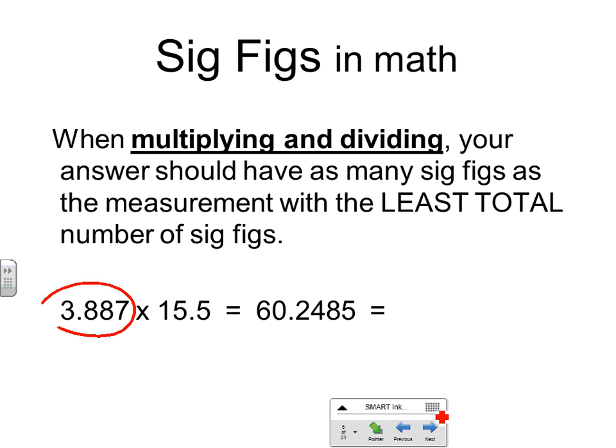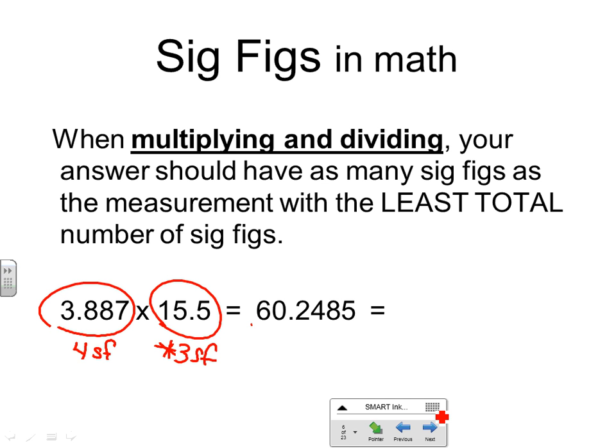If we have these 2 values here, and we need to record our answer with the least significant figures from our givens, in the 3.887 the decimal is present, so we have 4 sig figs here. In the 15.5, the decimal is present, so you count from the Pacific, and there are 3 sig figs here. So you're only as strong as your weakest link. Your weakest link is the 3 sig figs, so we need to record our answer in 3 sig figs.